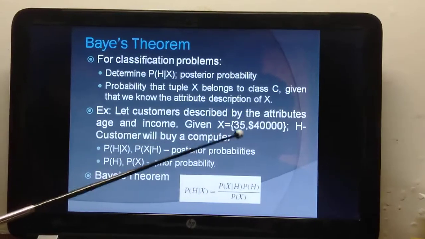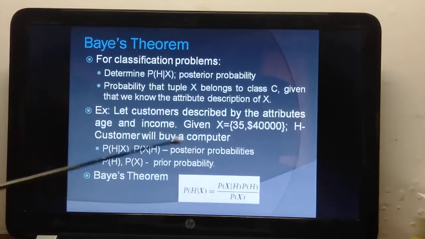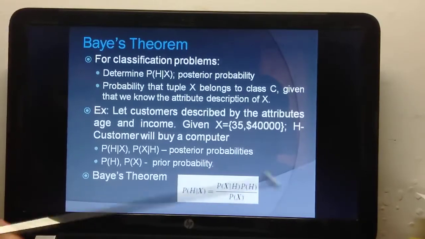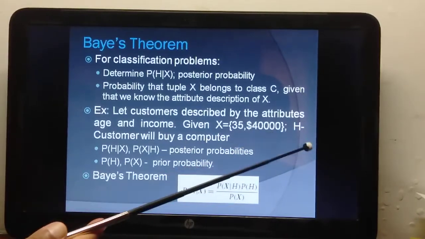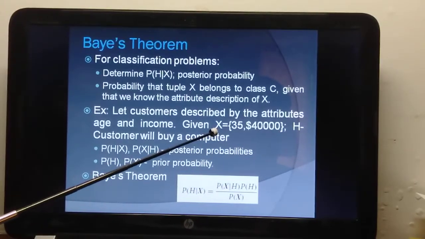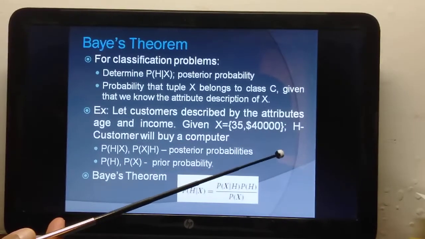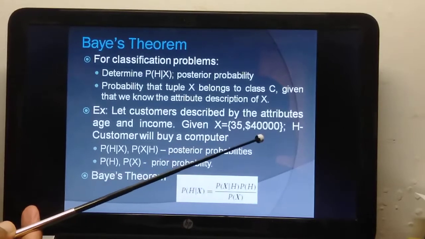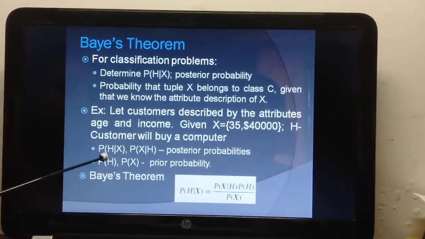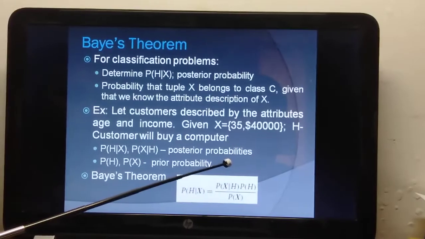Given X is equal to 35 and 40,000, H is: will the customer buy a computer? It is either yes or no. So when we find probability of H given X, we are trying to find the probability of a customer buying a computer if his age is 35 and his income is 40,000.